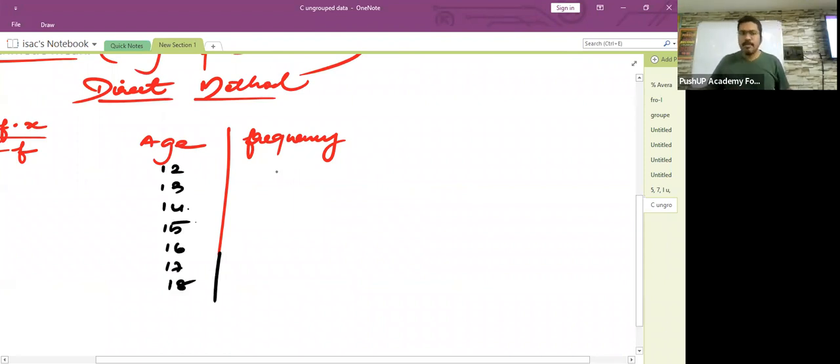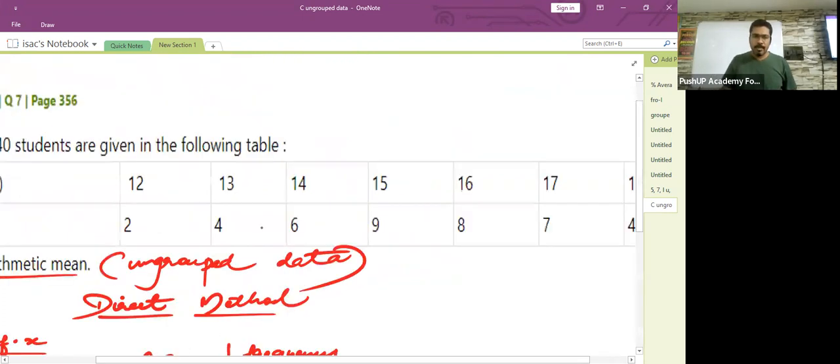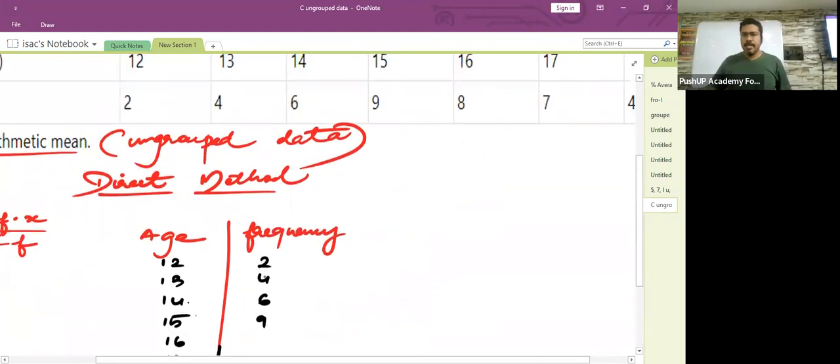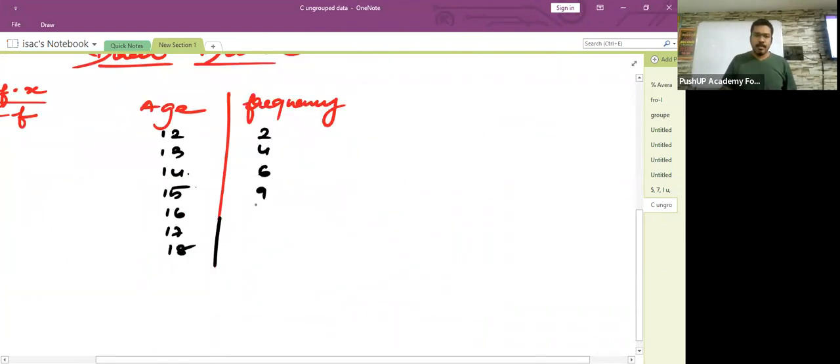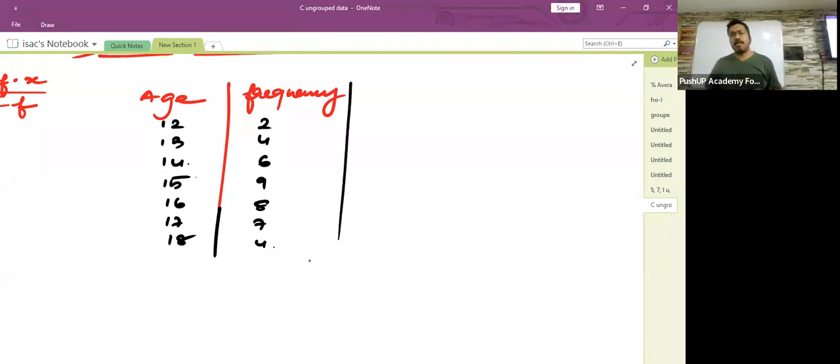What are the corresponding frequencies? 2, 4, 6, 9, 8, 7, 4. All right. So initially it was given in the horizontal form. Now it is mentioned in the vertical form.